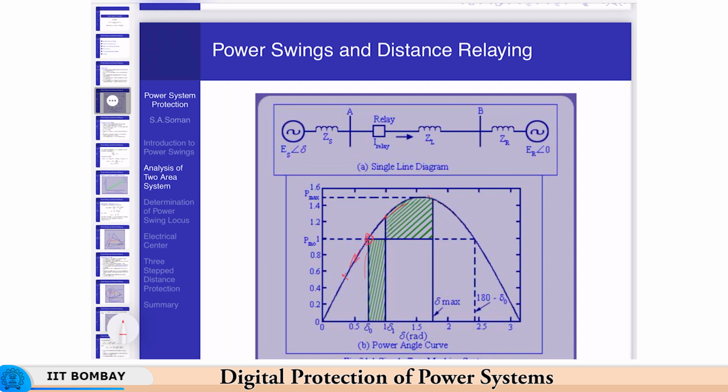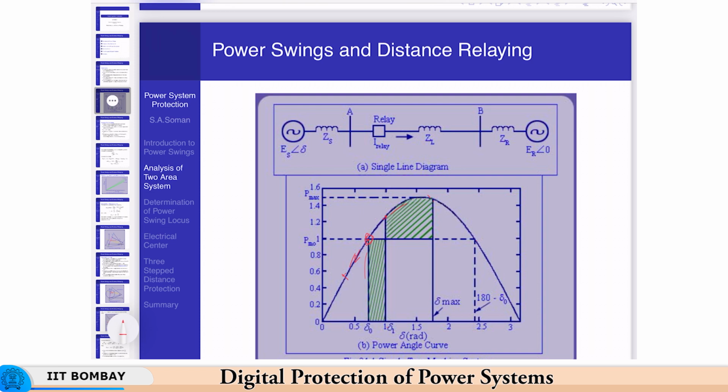So, now what happens if this delta max is such that it goes beyond 180 minus delta naught? If it goes beyond this point here, then the electrical power will again become less than the mechanical power, and the acceleration will continue.